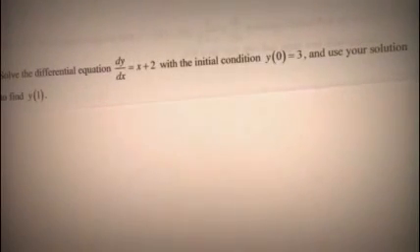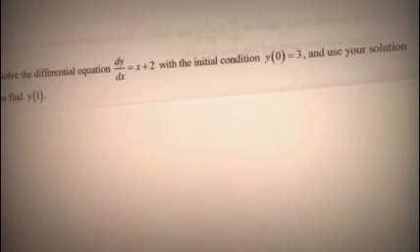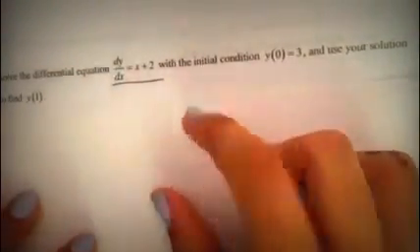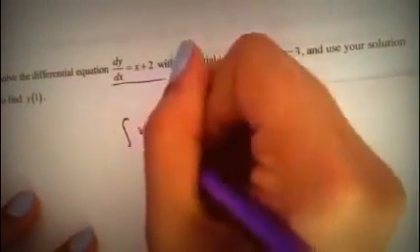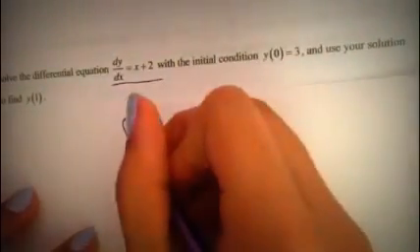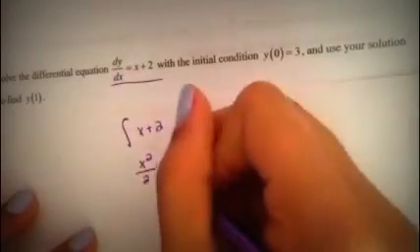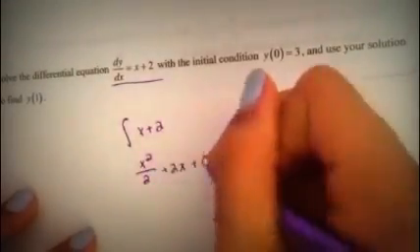This part of the question is a flashback to Calculus AB, where we learned how to solve differential equations. It asked to solve the differential equation dy/dx equals x plus 2 with the initial condition y of 0 equals 3, and use our solution to find y of 1. The first step is to recognize that we are given the slope here, so in order to find the solution, we should take the integral. The integral of x plus 2 is x squared over 2 plus 2x plus c.